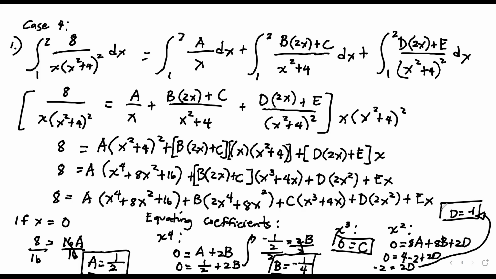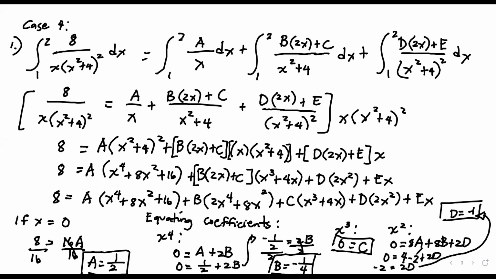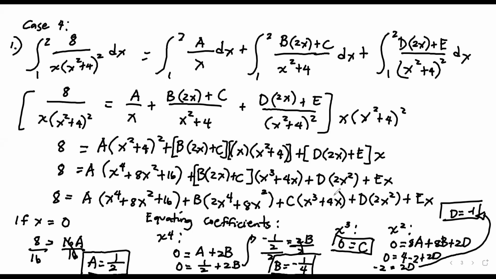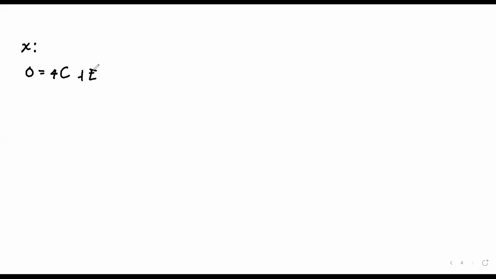Next, E. For x, coefficient for x. So we will have 0 equals 4c plus e. Tama ba?